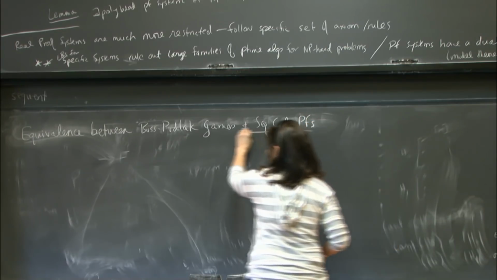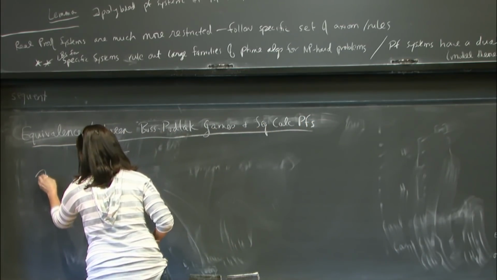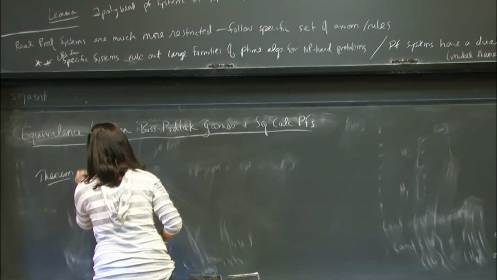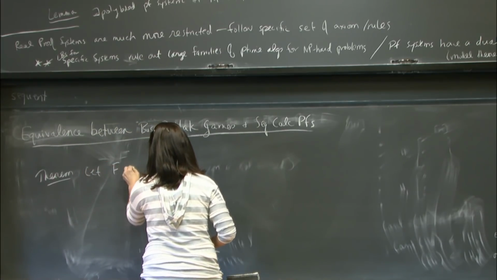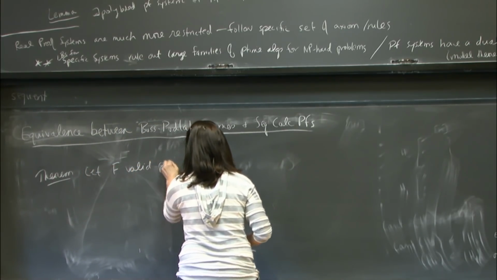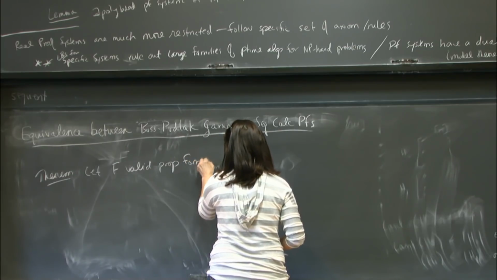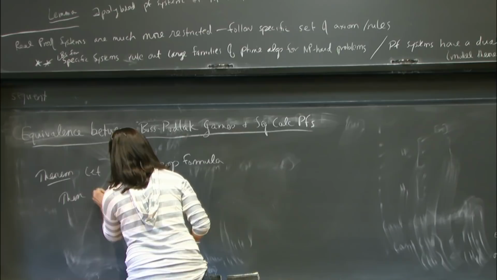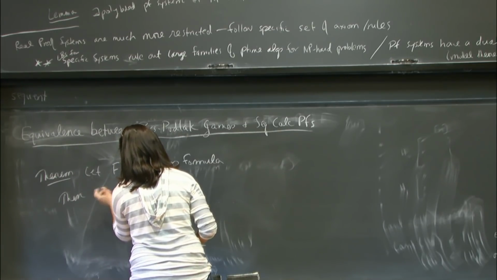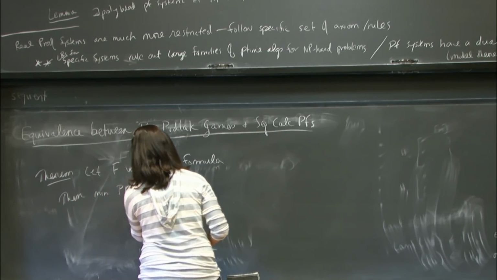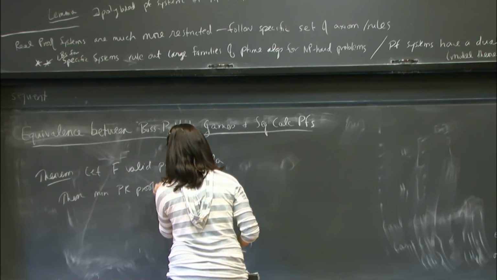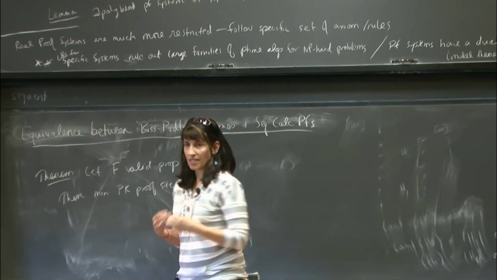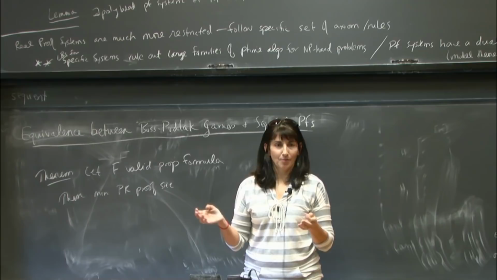So the theorem is that, let F be some valid propositional formula, then the minimum Frege proof size, or PK proof size, and the size of a PK proof is more or less what you think it should be.